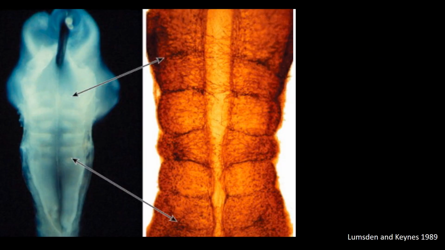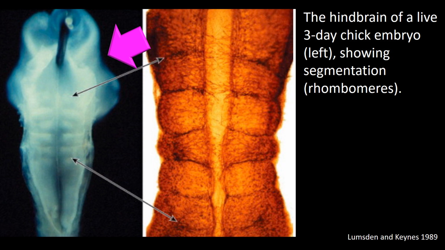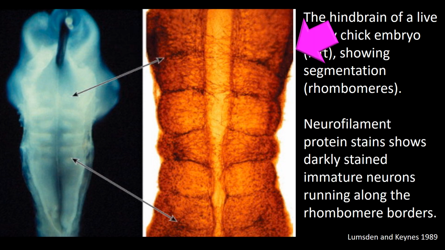I am showing you these photographs so you can see how rhombomeres look. Here you can see in a 3-day-old chick embryo the segmentation without any type of staining. Here, using neurofilament protein stain, you can see the segmentation much better.